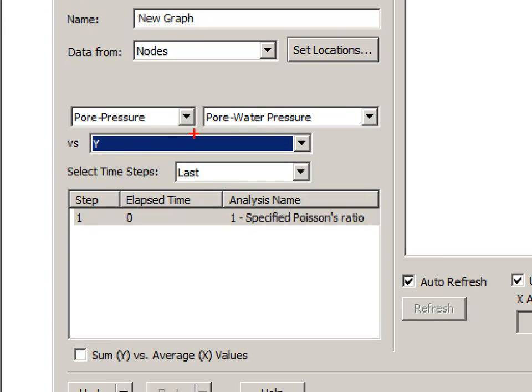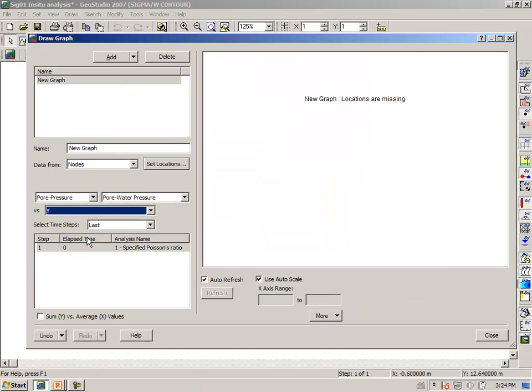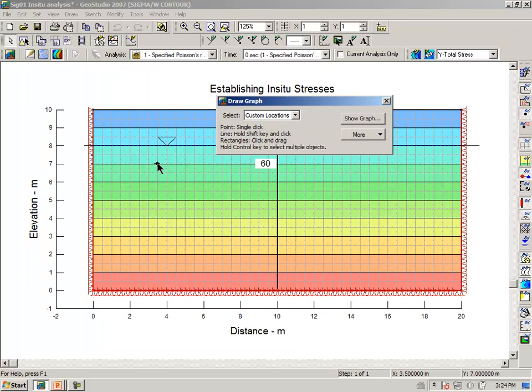We have selected pore water pressure, and we have selected y. Now we need to set the location. Where do we want the graph created? We will select a geometry item. The reason for this line down the middle is so that we could conveniently look at a profile in the center of the section.